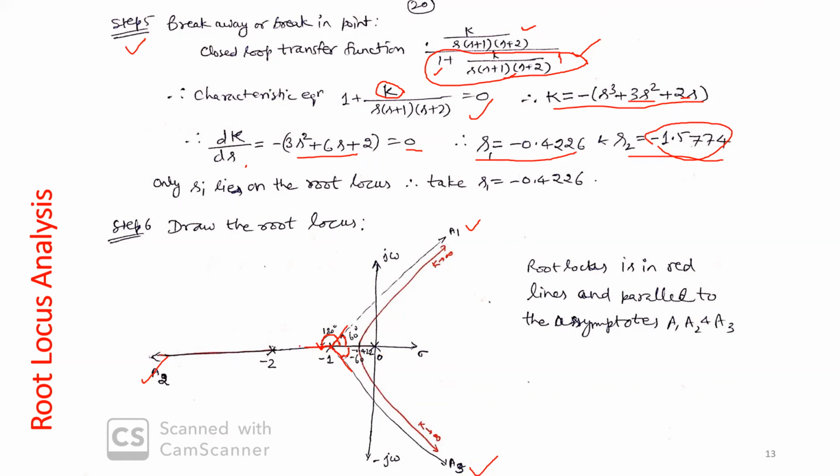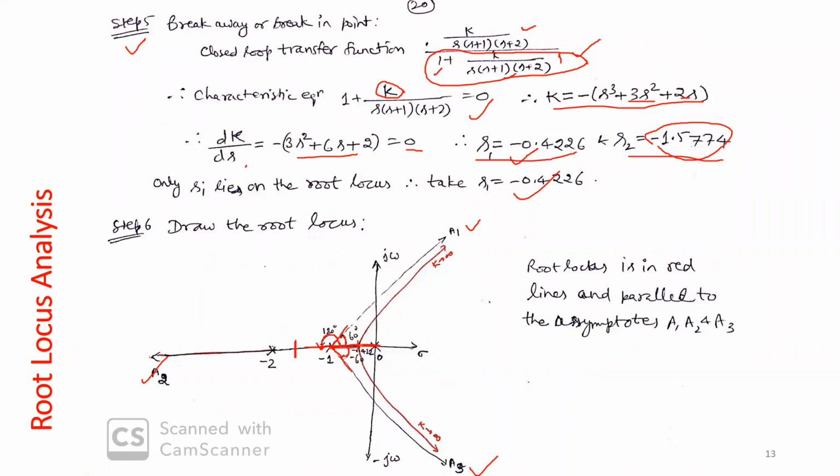The other root, -1.5, will be somewhere here, which is not on the root locus because we have the root locus between 0 and -1. But this point will be on the root locus, so we consider this point here, somewhere at -0.422.